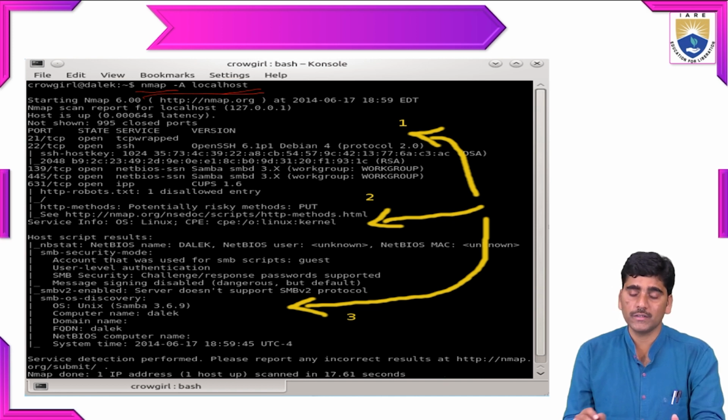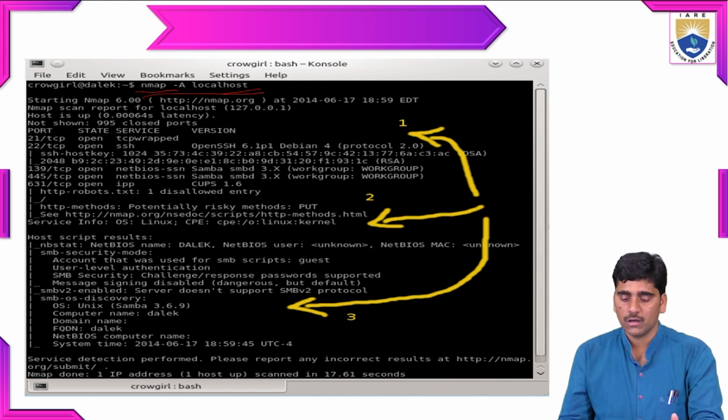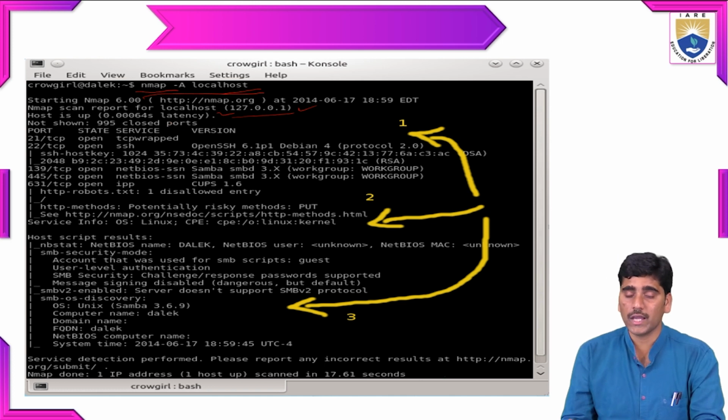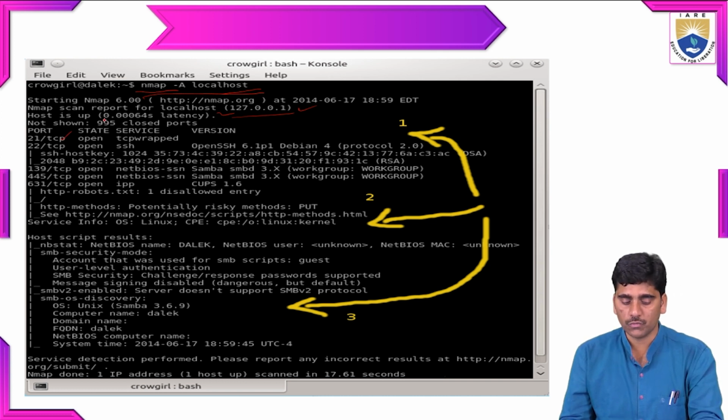It gives a report: Nmap scan report for localhost, host is up, not shown: 995 closed ports. Then the TCP ports: 21, 22, 139, 445.